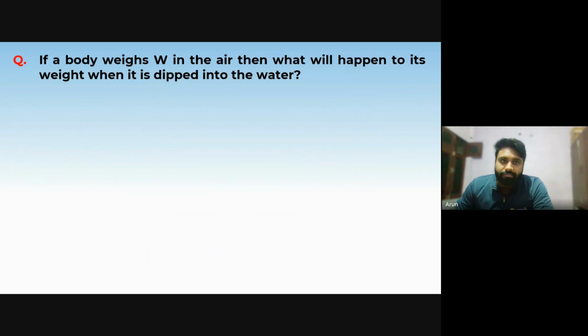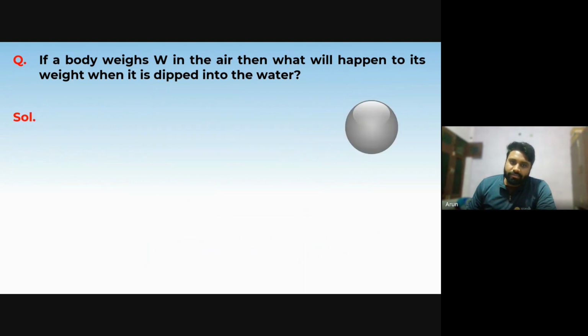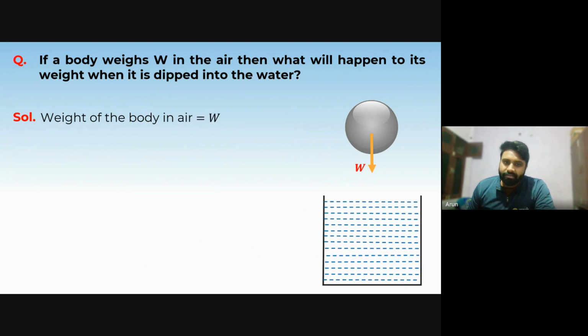Now, if a body has weight W in the air, then what will happen to its weight when it is dipped into the water? Suppose this is the body having a weight W in the air, and we dip this body in the water.